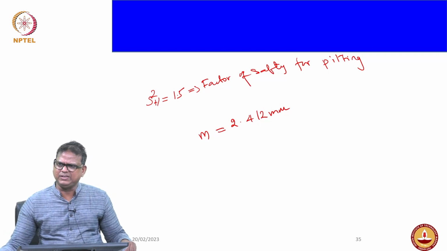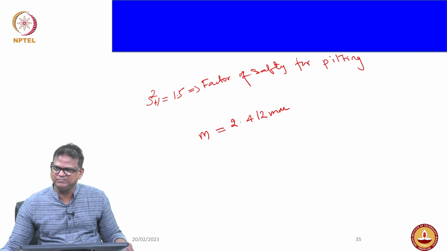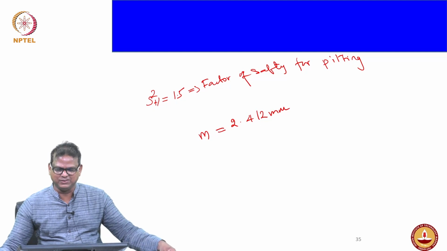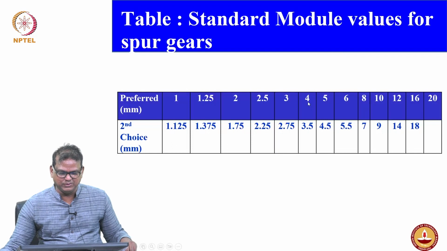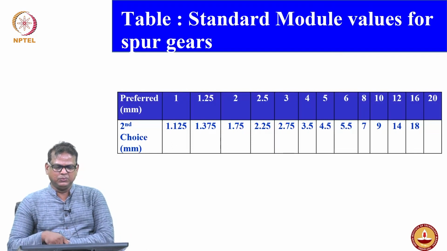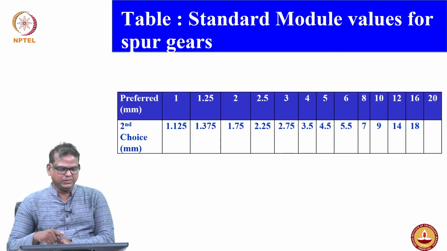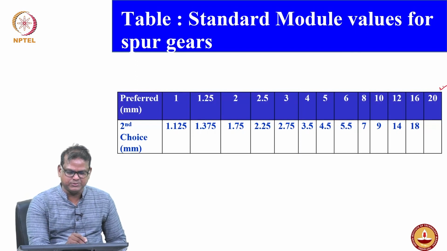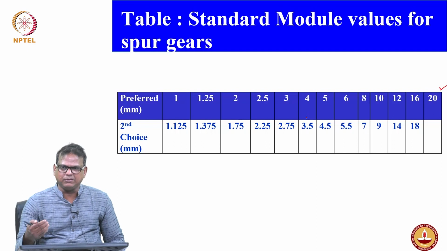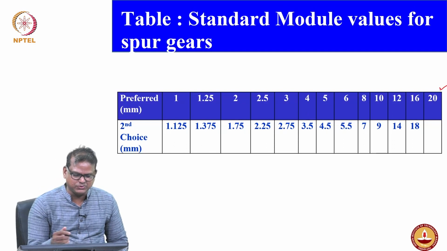Right. Can you choose that module value straight away, just like that? No, you can't use it. So, what you need to do? You have to go for the standard module value. Look at this. Okay, you have a preferred series. This is the first preferred series. You should always prefer this one. If you don't have any other choice, then you go for the second choice.